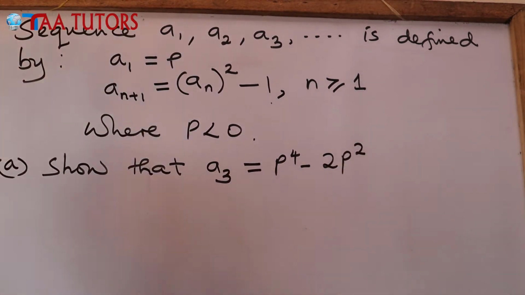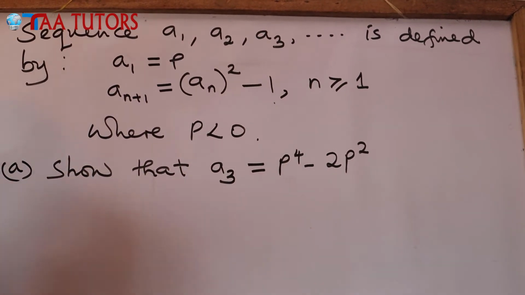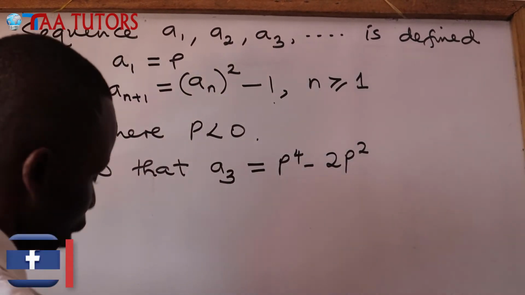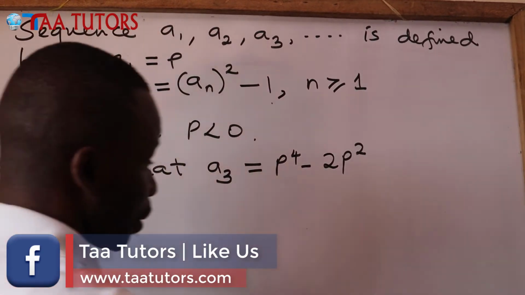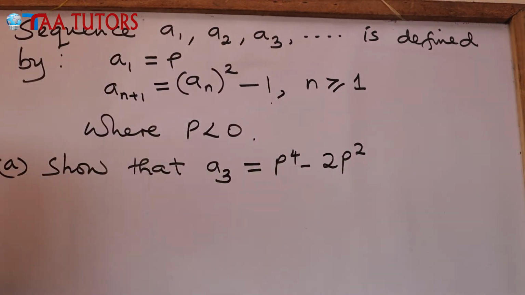This thing may look complicated, but it's actually very simple. Remember, such an example is periodic. We are going to see how the relationship occurs for us to know it is periodic.